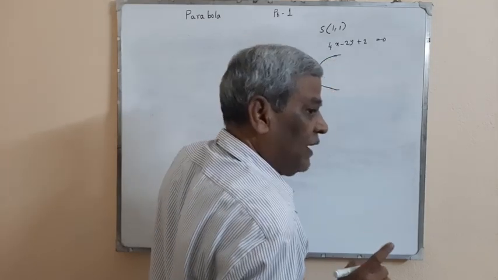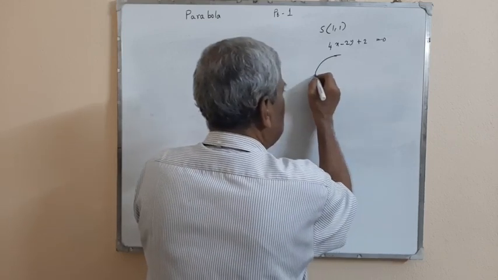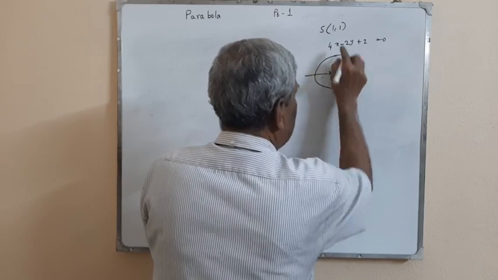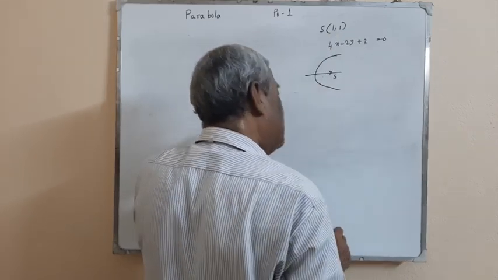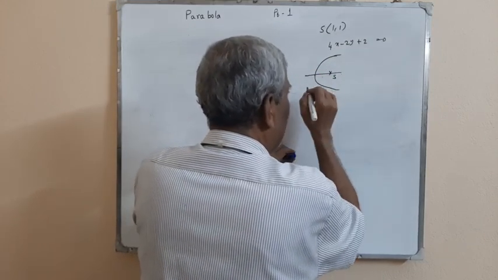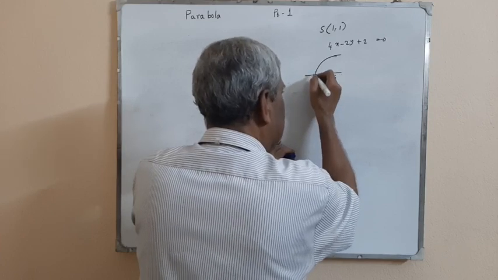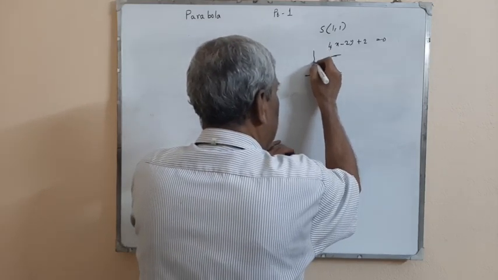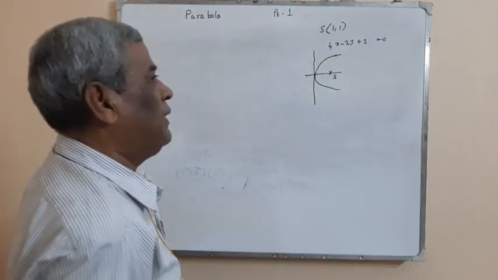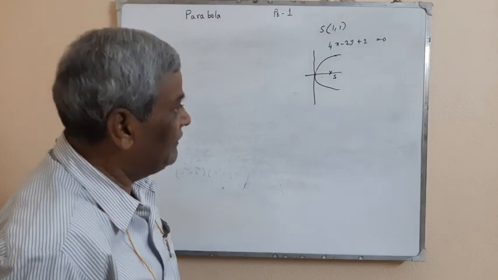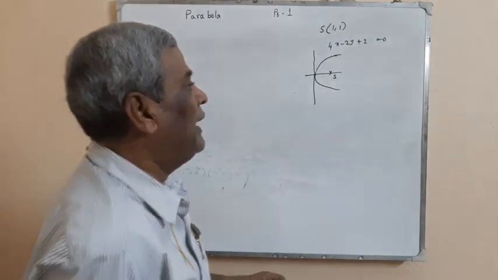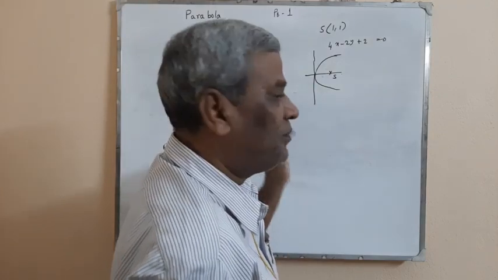I am not drawing the axis. This is the vertex. This is the focus given as (1, 1). And a line perpendicular to the axis through the vertex has the equation 4x minus 2y plus 2 equals 0. Then we have to find the length of the latus rectum of the parabola.